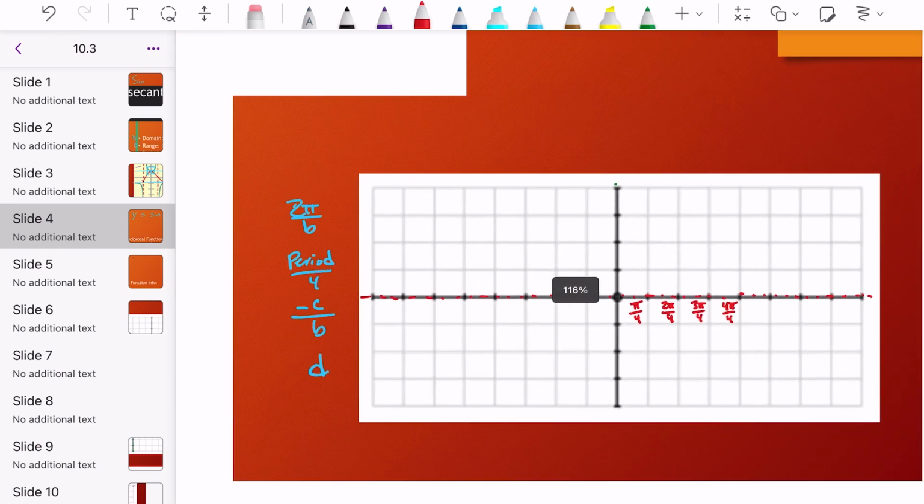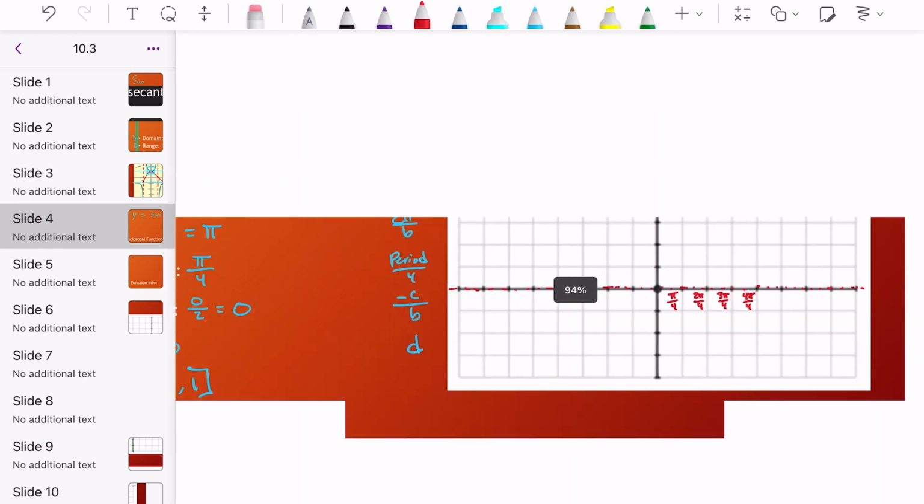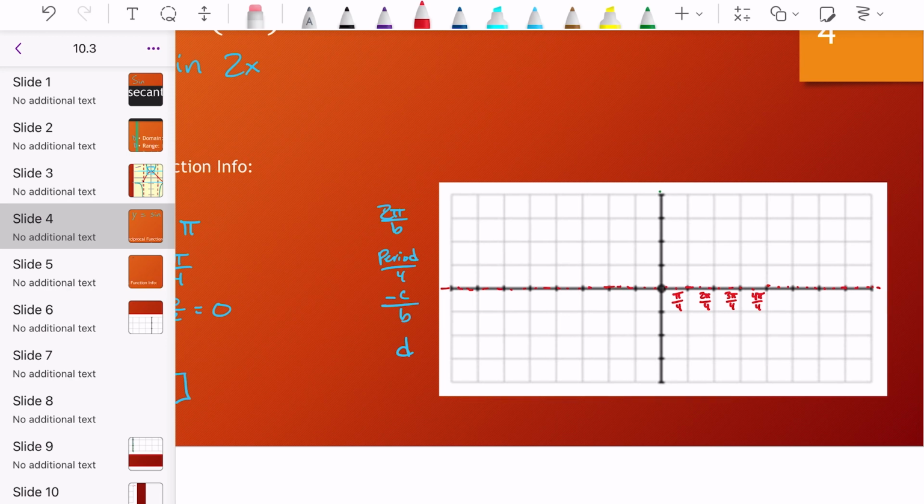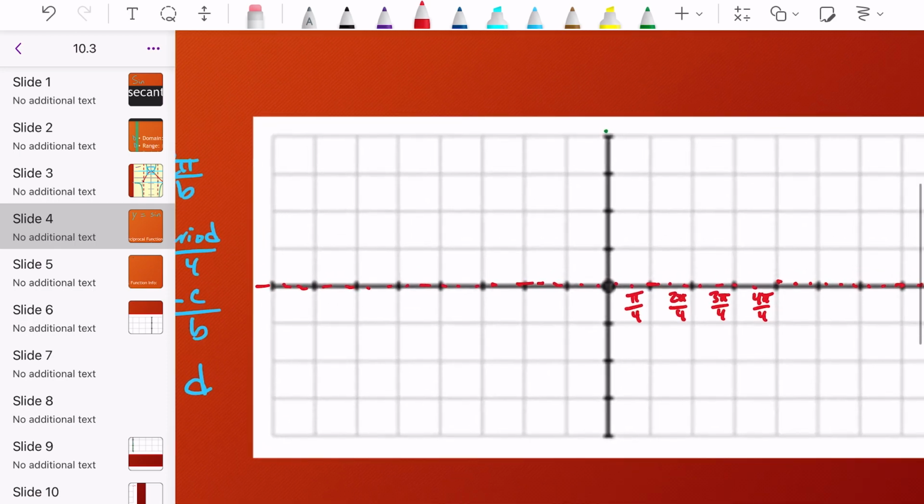Now, we are working with a sine equation. So the first thing you're going to start off with is drawing that sine equation. Now keep in mind, since it's sine, you're going to work from the midpoint. And from there, since it's positive, you're going to be increasing from your midpoint to your maximum.